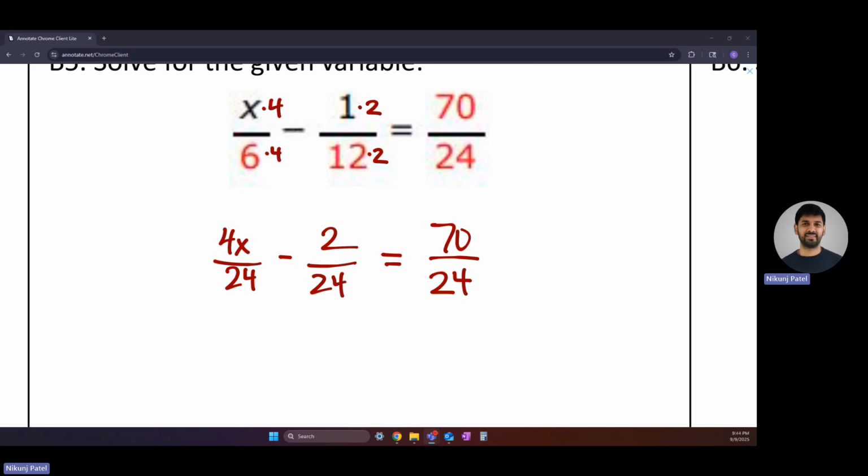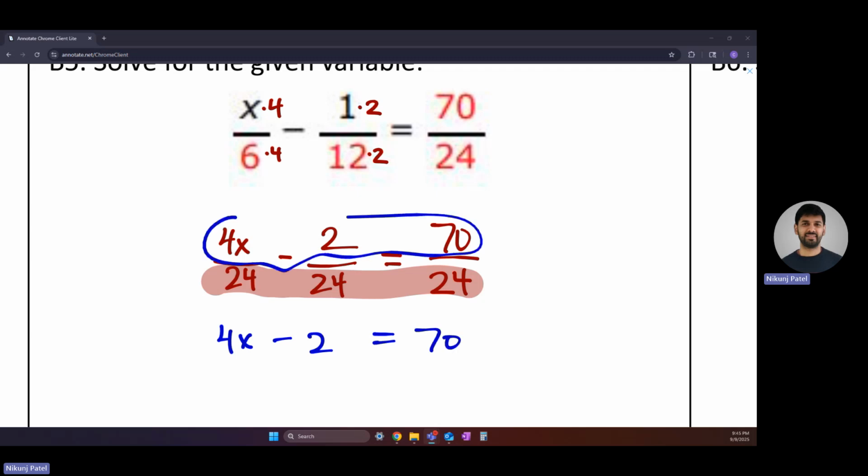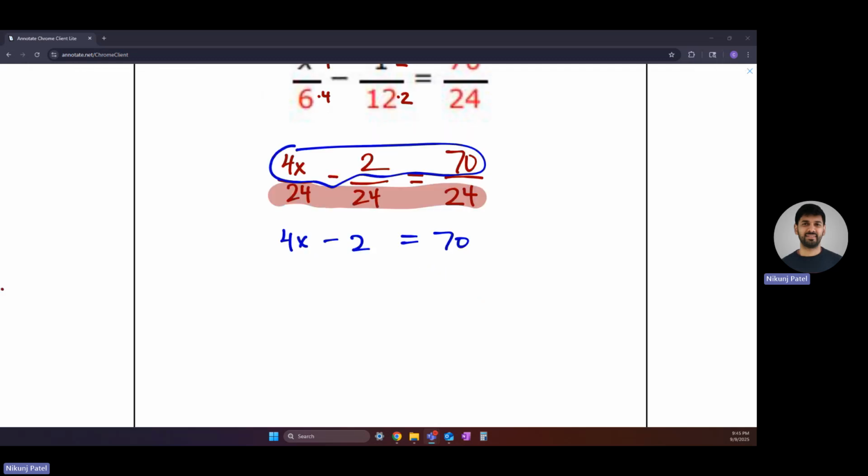So doing this allows us to ignore our denominators now, and we can treat this as the equation 4x minus 2 equals 70, just looking at the numerator portion. 4x minus 2 equals 70. And now you can take it from there and solve for x. When you solve for x here, you end up getting x equals 18.